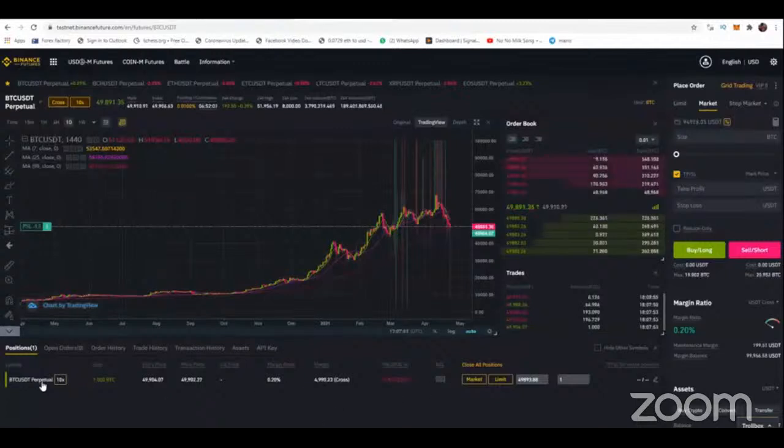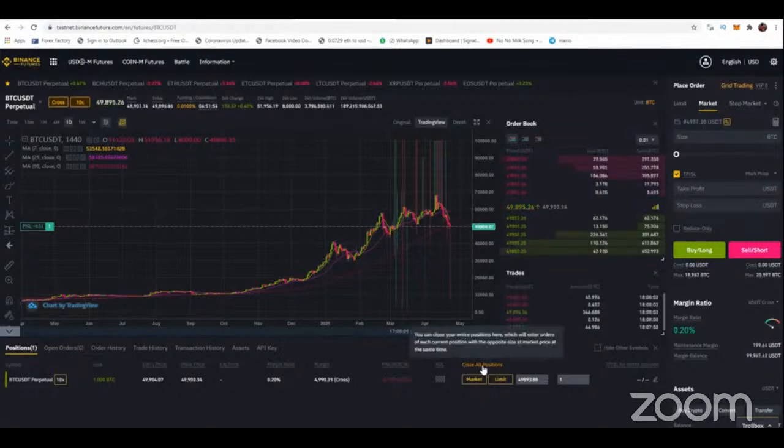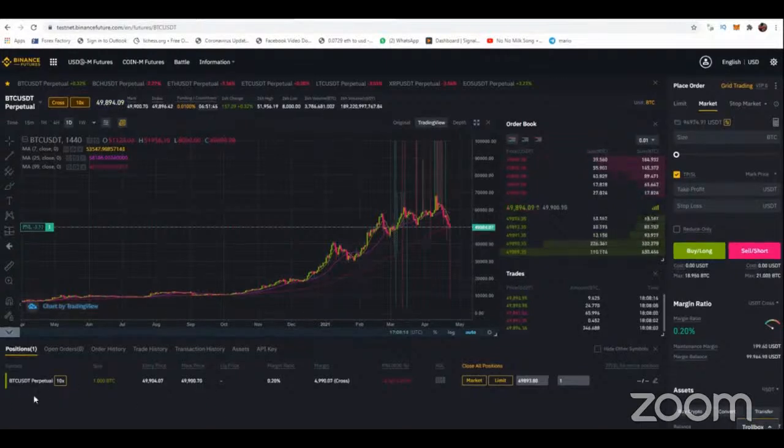I'm not putting any take profit targets or stop loss. Let's say, for instance, we want to close this position. There are different ways that you can. The first is you can use close all. I won't advise that you use close all if you have many positions open. For instance, you may have a BTC perpetual contract open, you may have an Ethereum perpetual contract open, you may have Litecoin and so on.